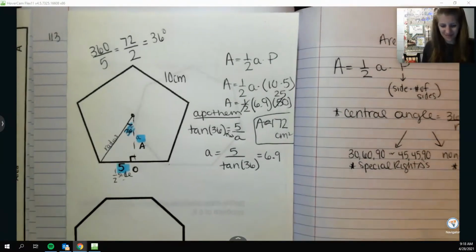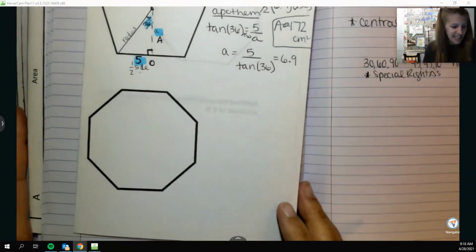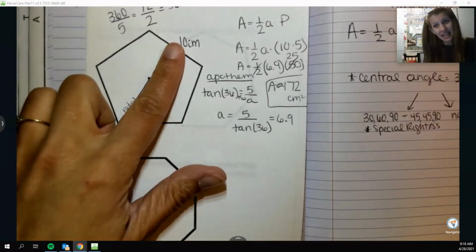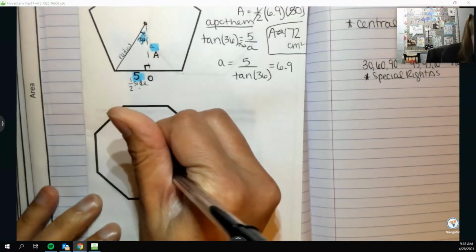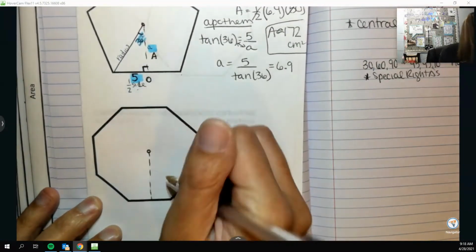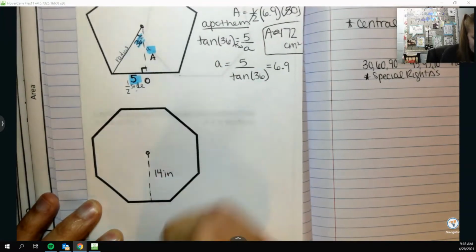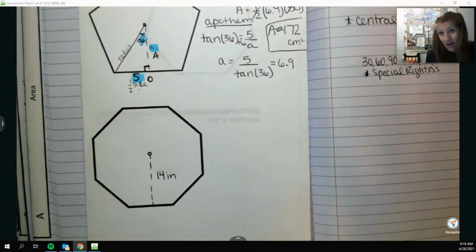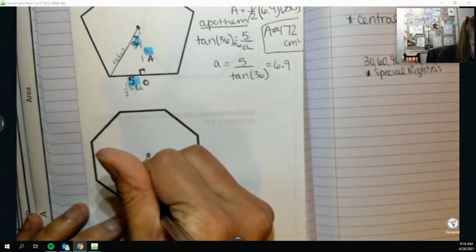Let's try another. We have an octagon. So last time I gave you the side length. Let's say this time I give you the apothem. Okay, so we draw in our apothem, and maybe I tell you that the apothem is 14 inches. I want to finish drawing that right triangle in here, so I'm going to draw out my radius.